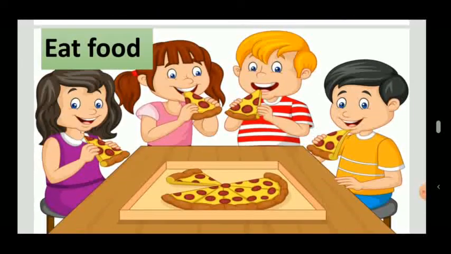All living things need food. Humans eat food like fruits and vegetables. They can cook food also, whereas animals need food and they do not cook it. They directly eat food.